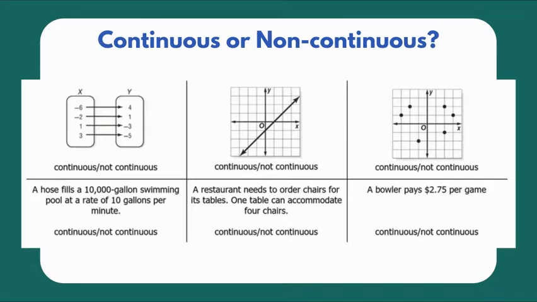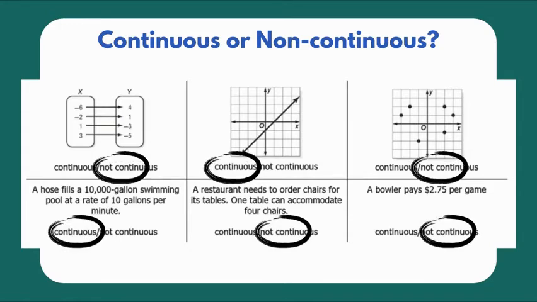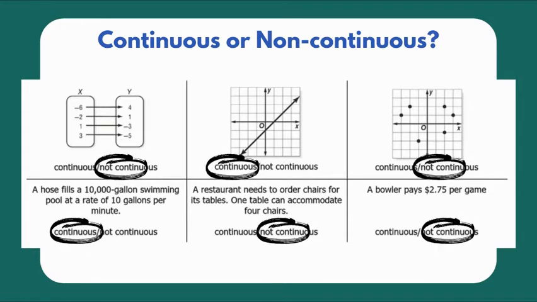Here are some examples of continuous and non-continuous examples. Go ahead and pause the video for a moment and try to decide for yourself whether each of these examples is continuous or not continuous. All right, hopefully you've had a chance to think, and let's go through these examples together. So example number one is not continuous.